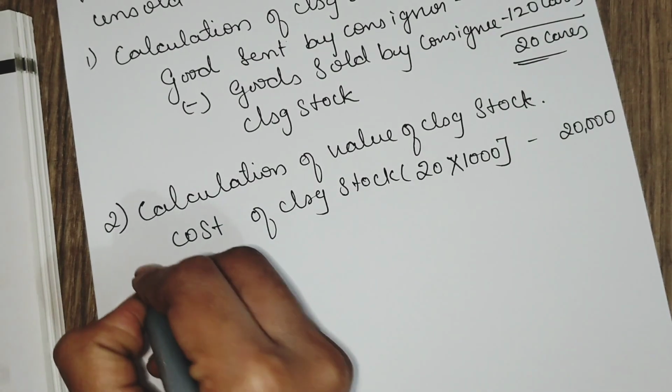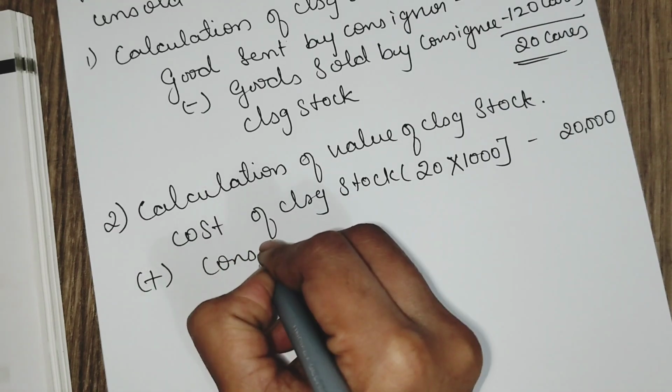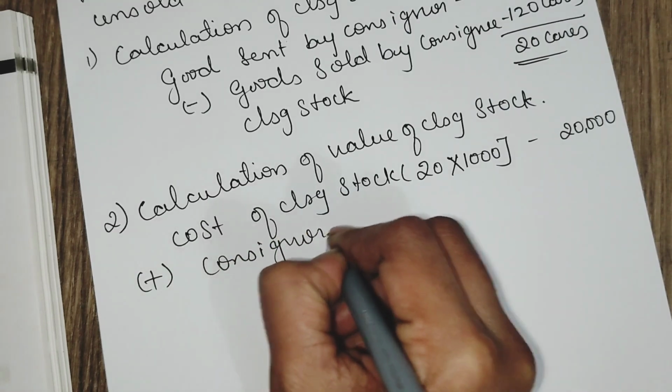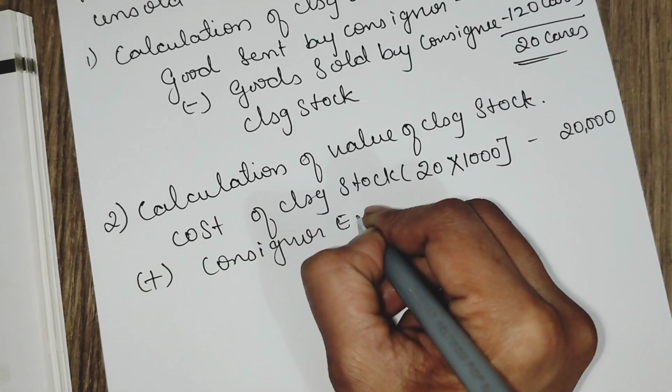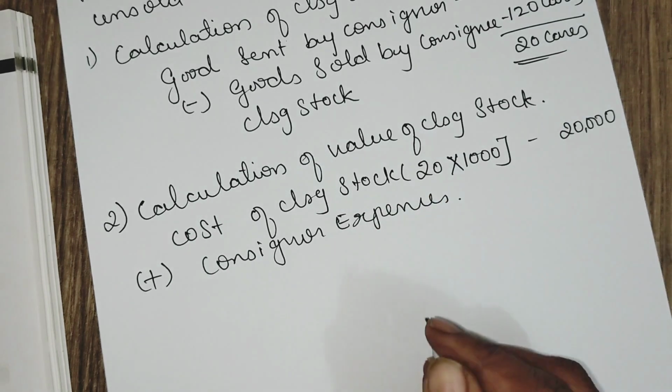Then we have to add the consigner expenses, because the consigner expenses are refunded by the consignee. That is why you have to add all the expenses.